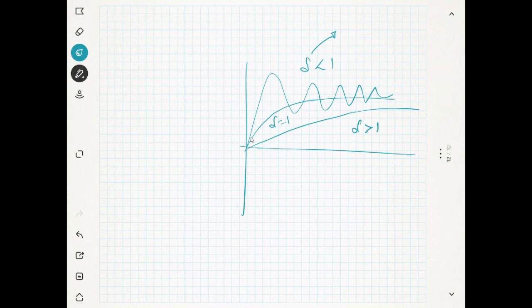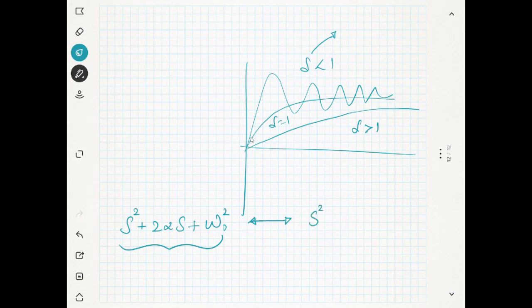Don't worry. I will use this page itself for explaining delta. S square plus 2 into alpha into S plus omega naught square. So this is our equation, right? In automatic control, inshallah, you will see. I'm not going to prove it, a lot of things are required to prove it.